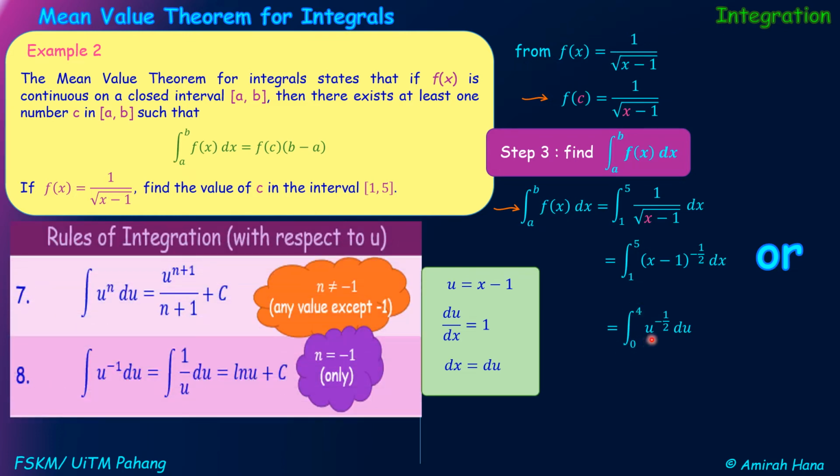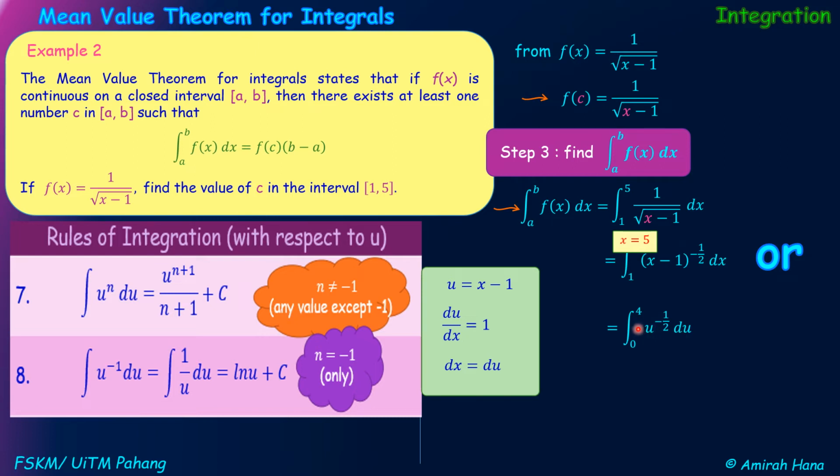Right. From here, now we have the integration of U. Okay, and we have x here, equals 5. Okay, from the given function here, we have x minus 1. Okay, means the upper limit here is the value of x. Okay, and then now we have it in terms of u and du.